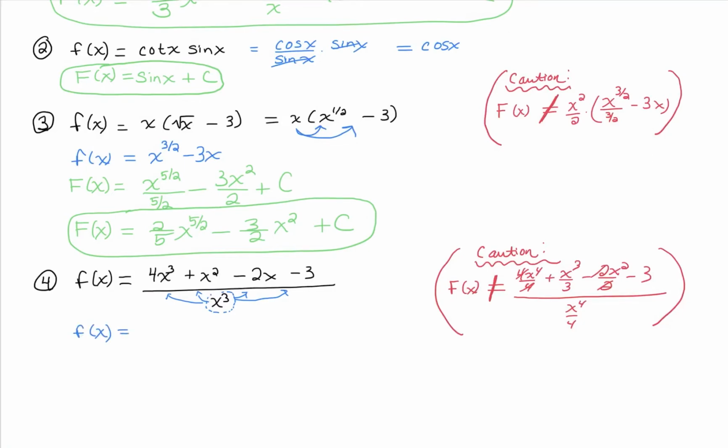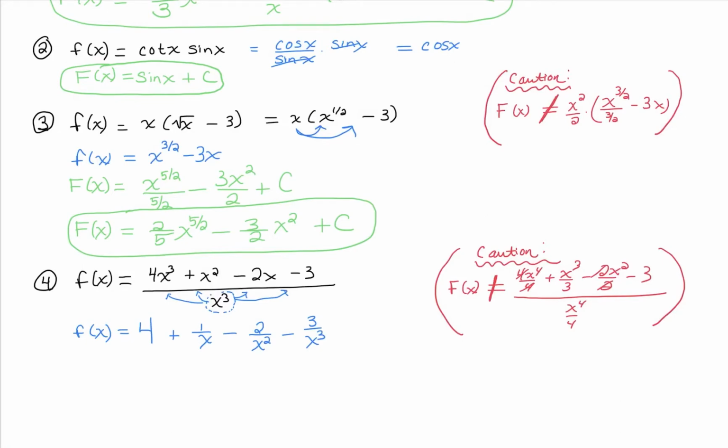So in the first term, 4x cubed over x cubed is just going to be 4. In the second term, x squared over x cubed is going to be 1 over x. In the third term, minus 2x over x cubed is going to be 2 over x squared. And the last term is going to be minus 3 over x cubed.